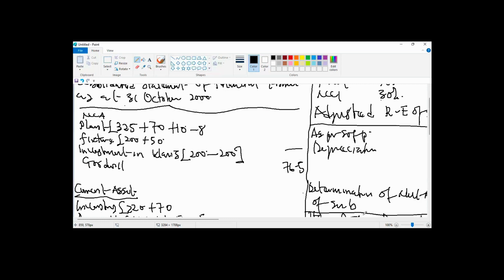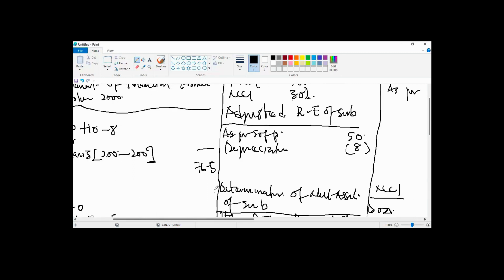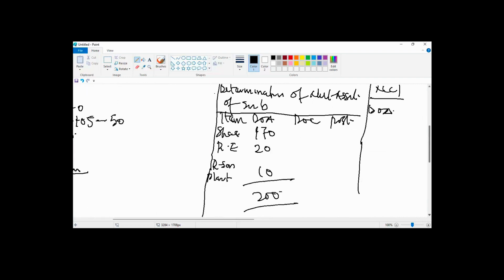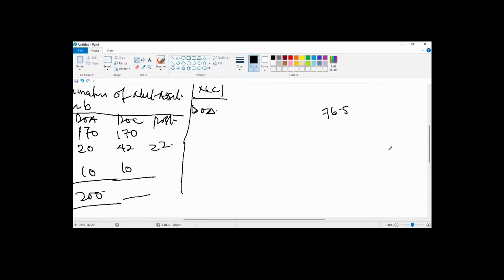What was in the retained earnings? 50 minus 8, 42. I'll bring 42 down. Then 170, 42, there's no value for them. This will give me 22. Share profits between parent and NCI.